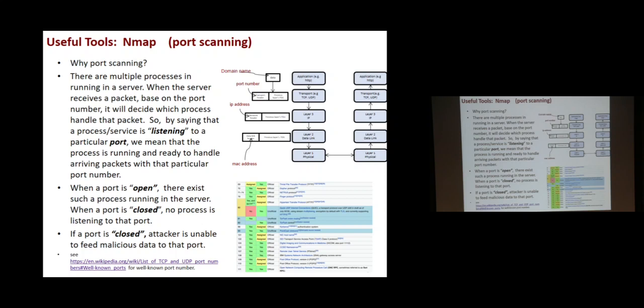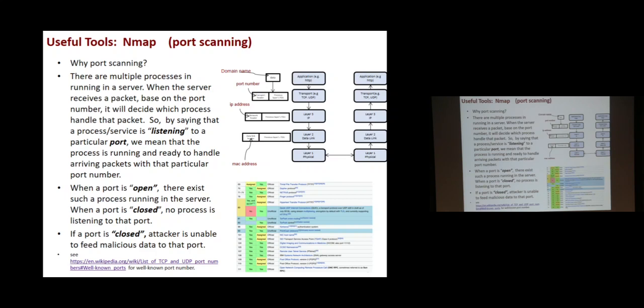The node must at least process what I sent, right? If I send to a closed port, the data will be dropped, so there's no way to compromise the machine. So I have to send to an open port.